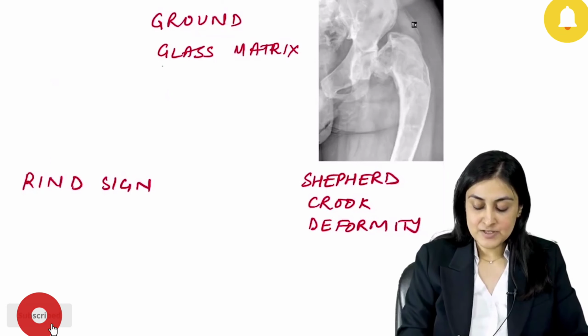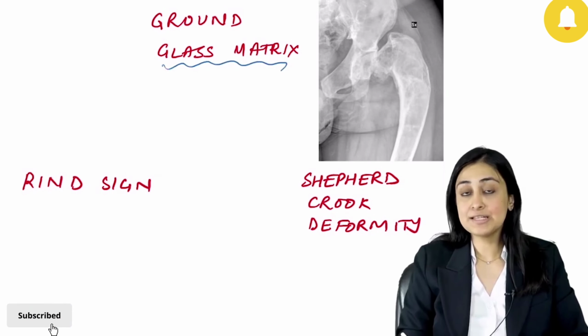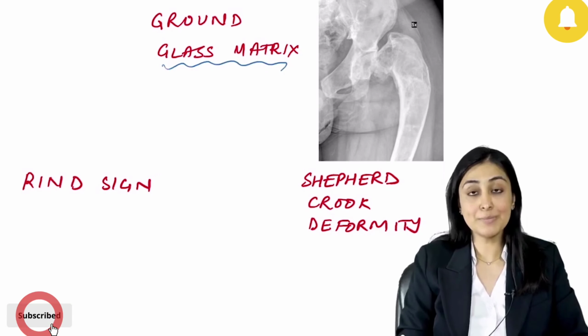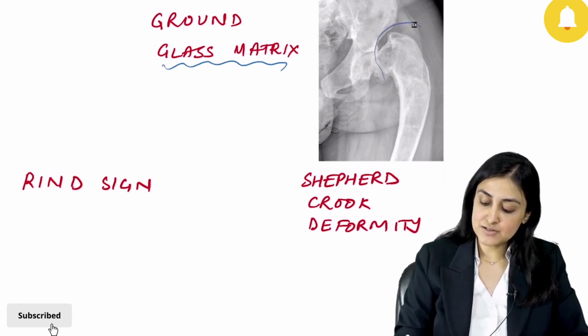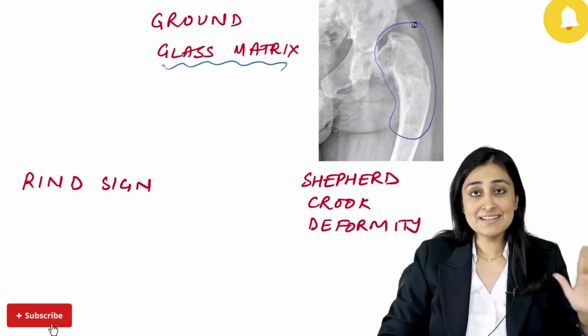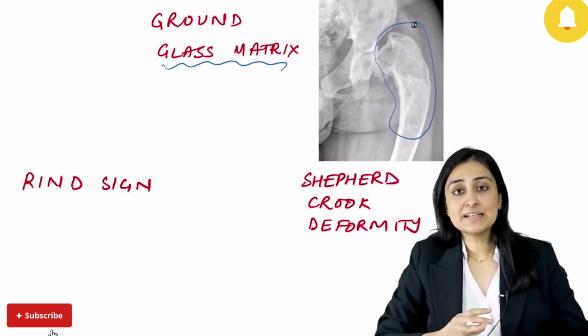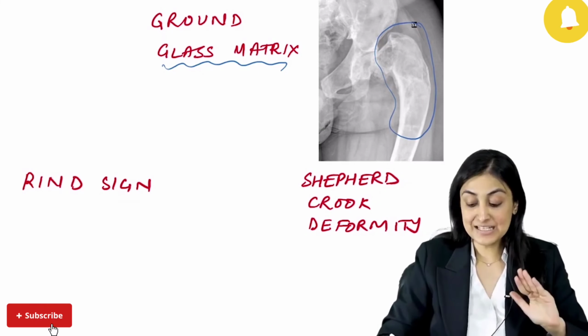Going ahead, anytime we see a ground glass matrix, particularly the femoral neck, the femoral metaphysis is the region that gets affected here. Whenever you see this sort of matrix wherein it's not very white, not very black, it's not a lytic lesion, it's not a very sclerotic new bone forming lesion, it's in between.